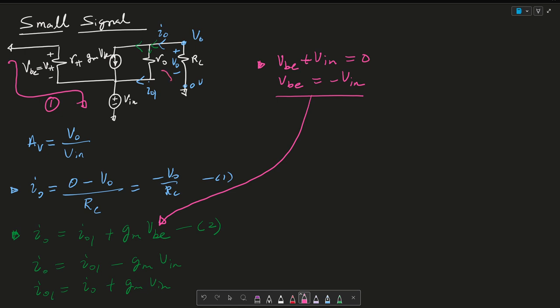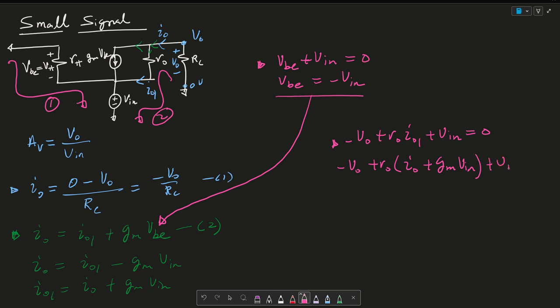And then the last equation I need to write is a KVL here. Call that 2. And I'm going to say then that minus VO plus RO IO1 plus VN must equate to 0. So minus VO plus RO IO plus GM VN plus VN has to equate to 0.